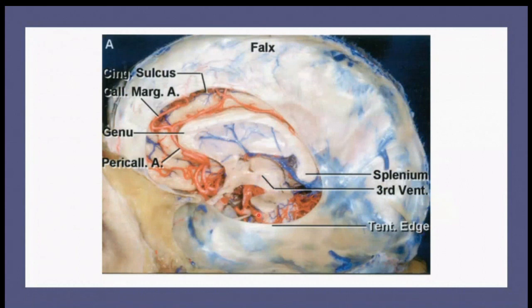In the supratentorial space, as I said, this is the tent here, coming down to the temporal fossa. Supratentorially, we have the falx cerebri, which separates the cerebral hemispheres into right and left.